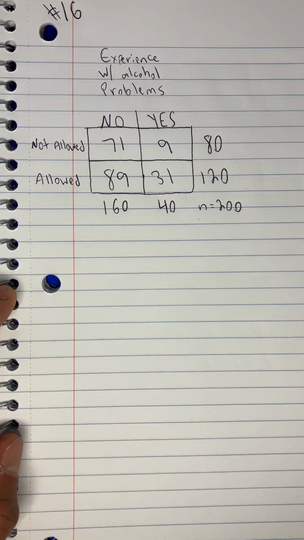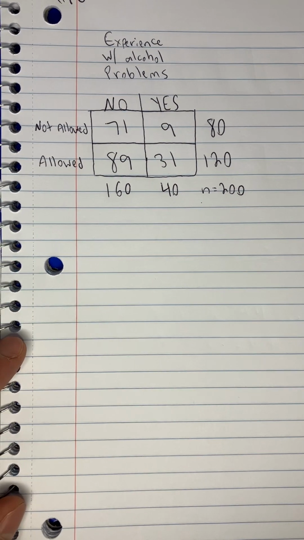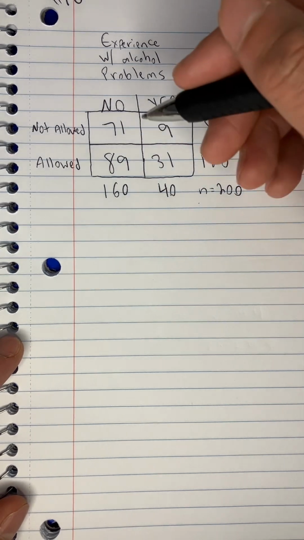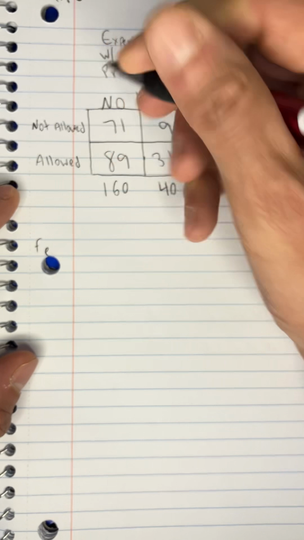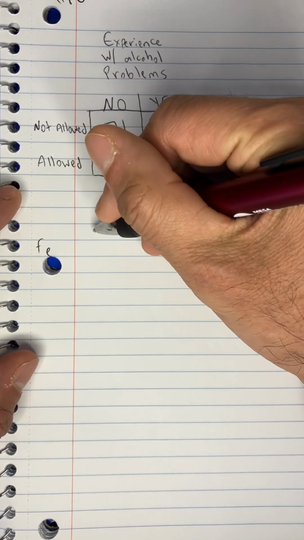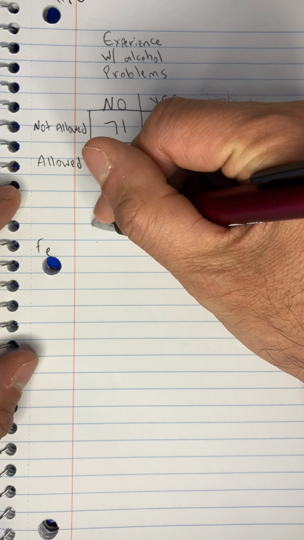So let's just start working out our problem. The first thing we want to do is figure out what our expected frequencies are for each box. So we need to figure out the f expected. So let's do it right here.